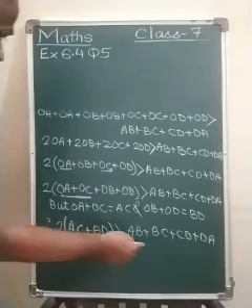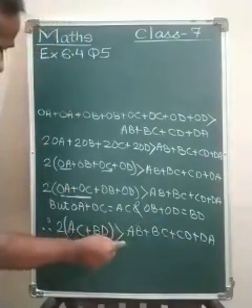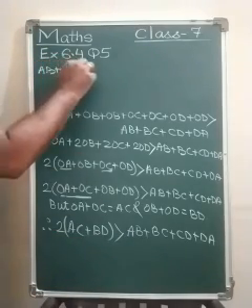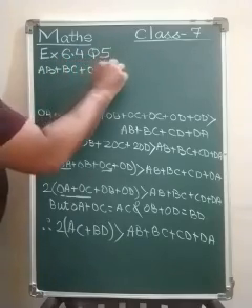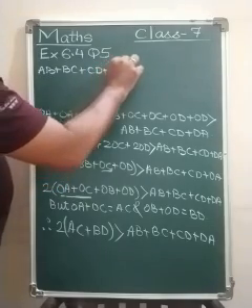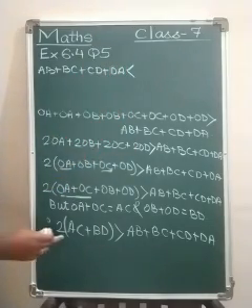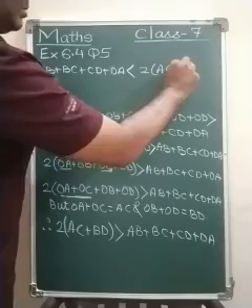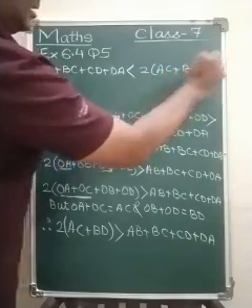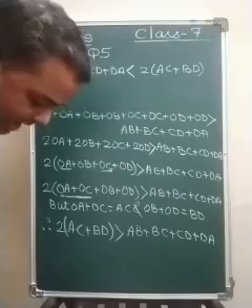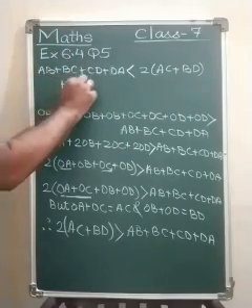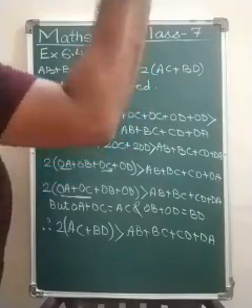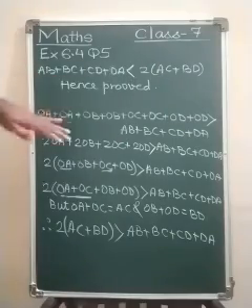Now see here, AB plus BC plus CD plus DA is less than twice AC plus BD, and this is what the question asks. Hence proved. So we have proved both the things.